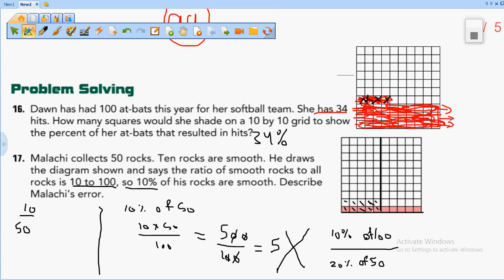Here, if I want to find the percentage, that means I have 10, 20% out of what? 20% out of what? I shaded 10 parts out of 50. I shaded 1, 2, 3, 4, 5, 6, 7, 8, 9, 10. 10 parts out of 5 times 10, it's 50. That means 20% out of 50.